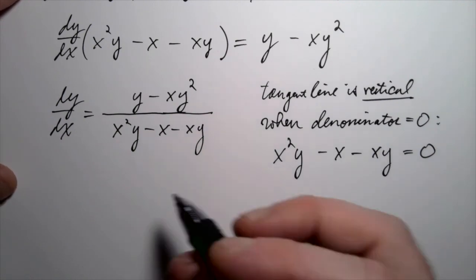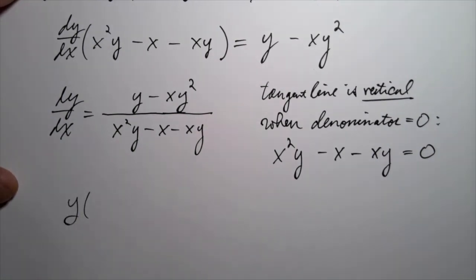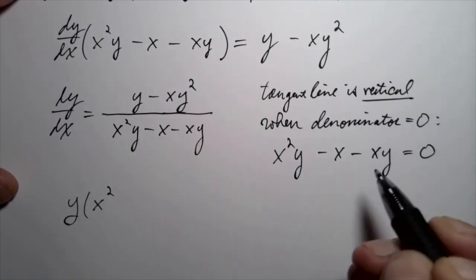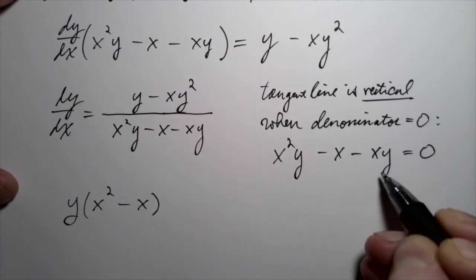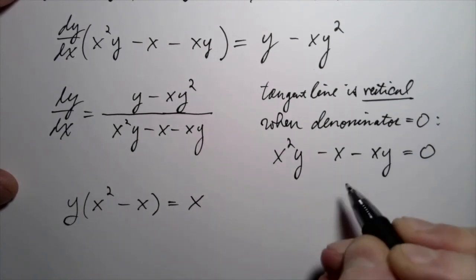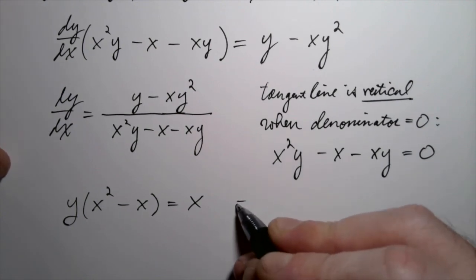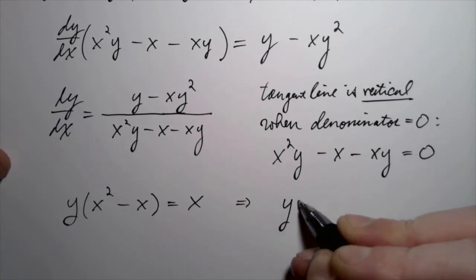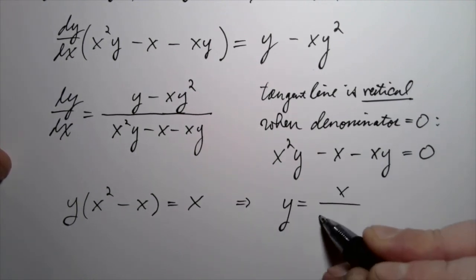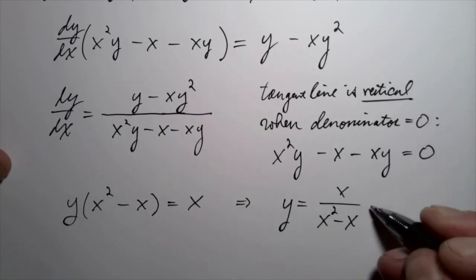Okay, I'm going to gather up the y's over here. What's being multiplied by y? We have an x squared, we have a minus x, that's it. And let's move the x over to the right-hand side, because then by dividing everything by x squared minus x, we'll get x over x squared minus x.